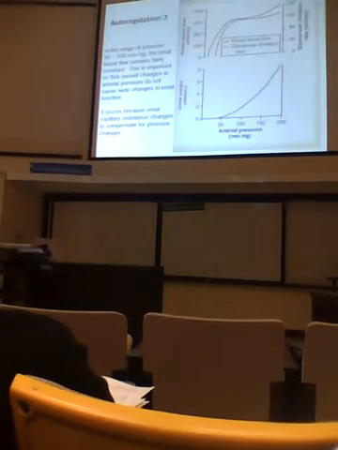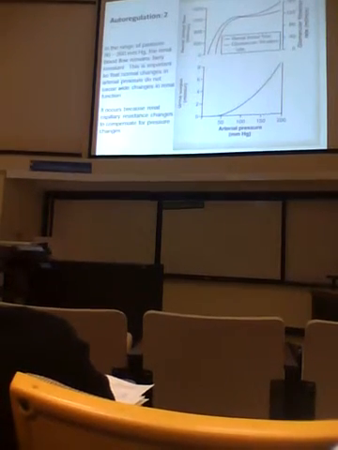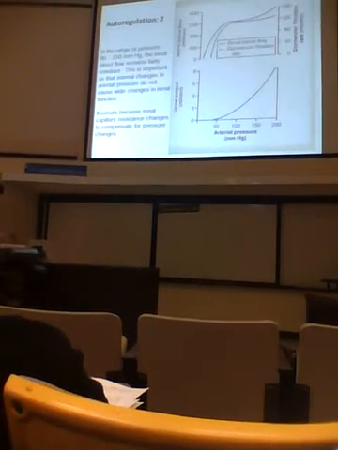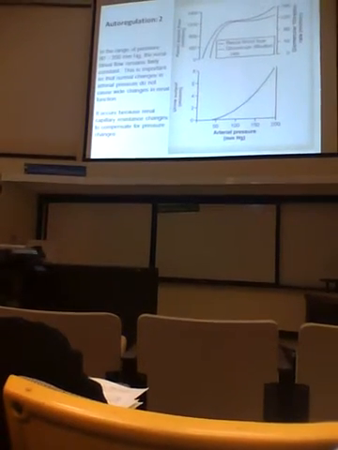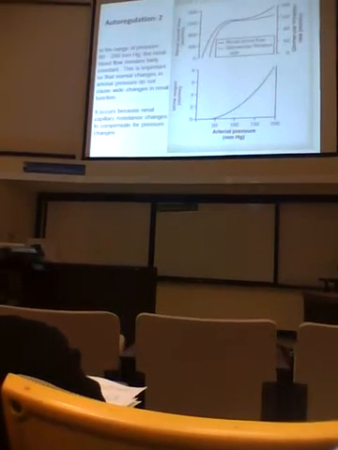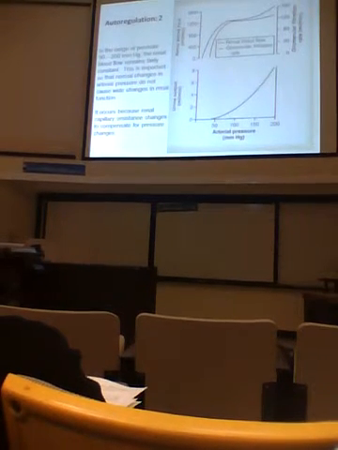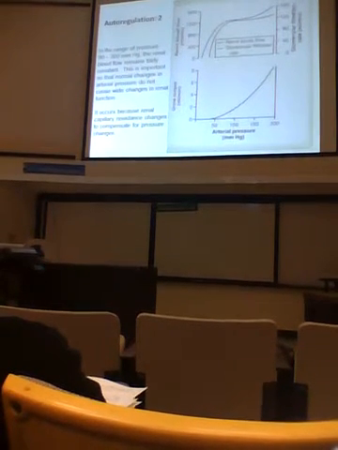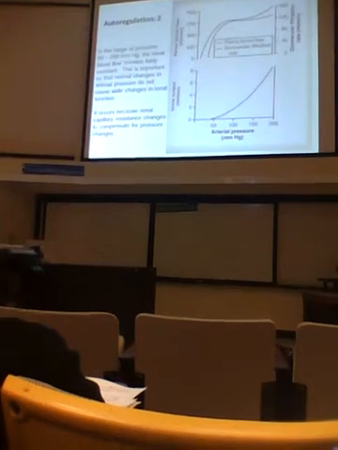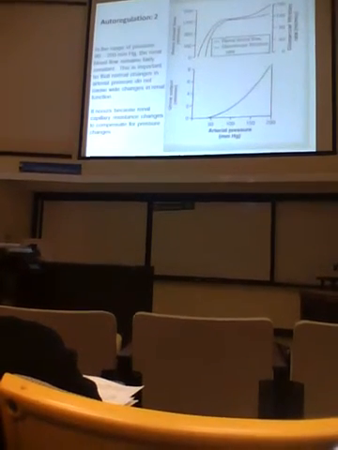This is what happens here. This is the arterial pressure here. This is the renal blood flow. And this is the glomerular filtration rate. So as the arterial pressure goes up, the renal blood flow goes up, and then it flattens out here. Can you see that? In the range of pressure 90 to 200, so where's that? Here to here, this part here.